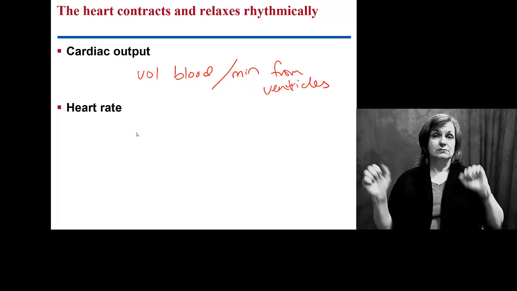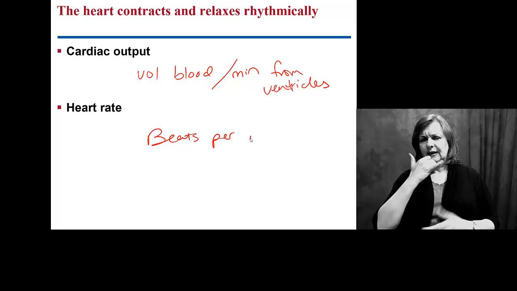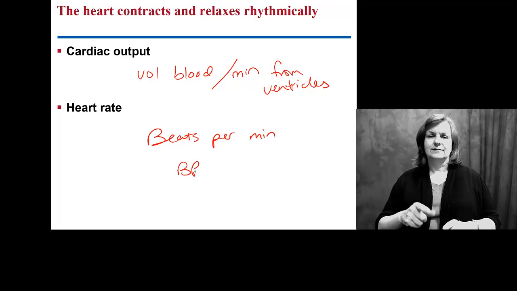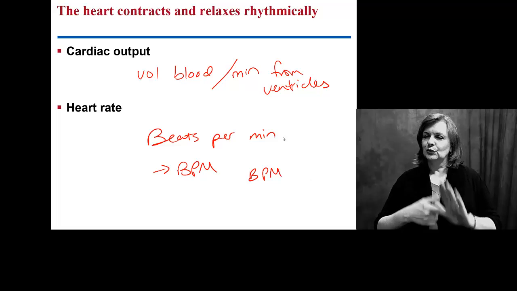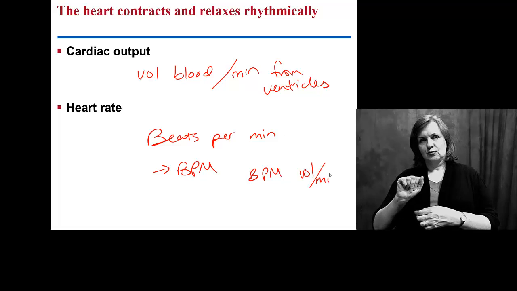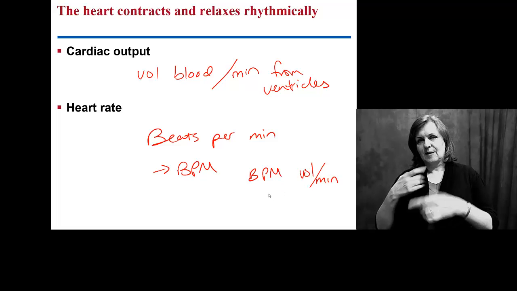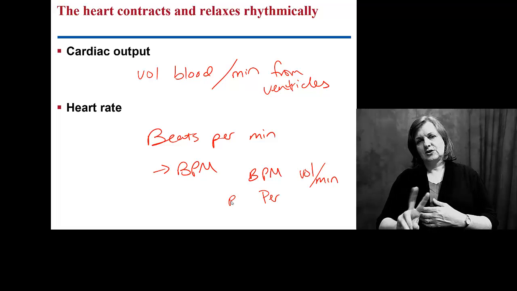So the heart rate, as you know, I think, is beats per minute, or BPM is your heart rate. So if we have BPM, your heart rate, beats per minute, and we know how much volume per minute we have, we can actually figure out how much blood you're pumping per beat if you want.